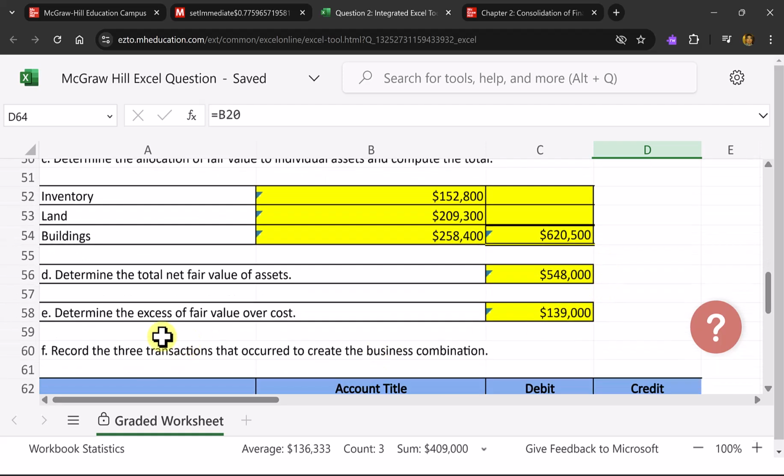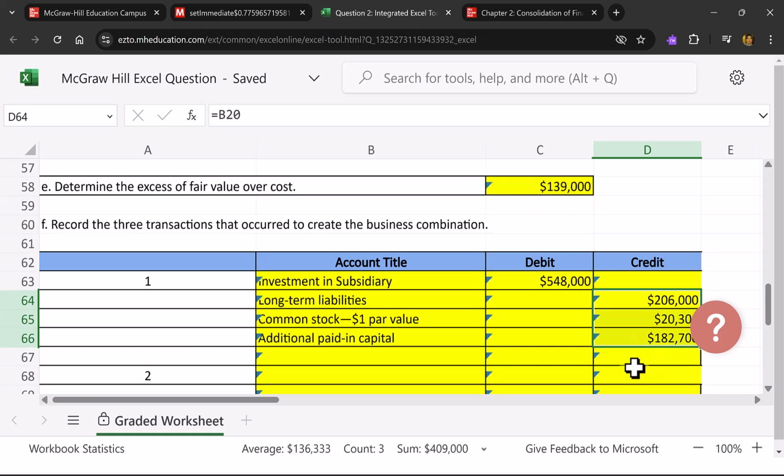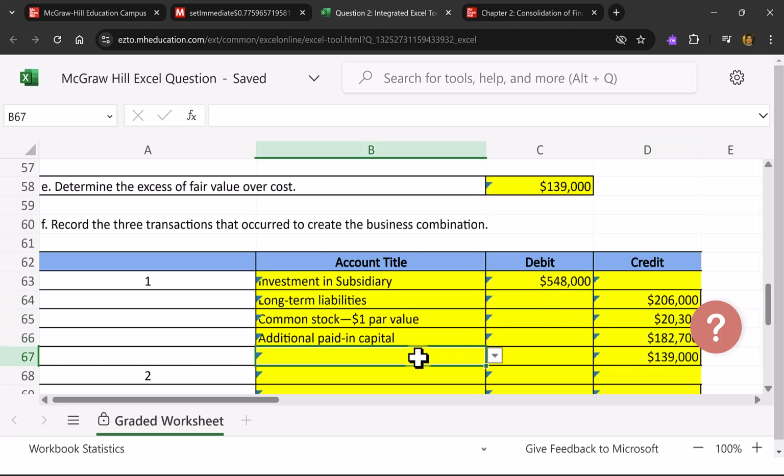Excess fair value over cost, this amount here. Let me grab it, equal. So if I drag over all four numbers, you can see the total credits now equal my debits. Okay, so what's the label?